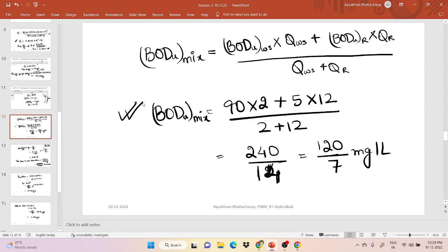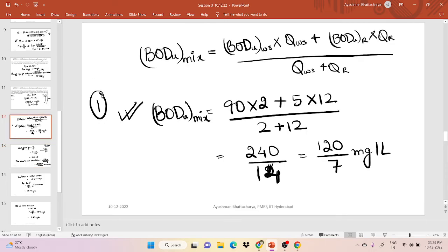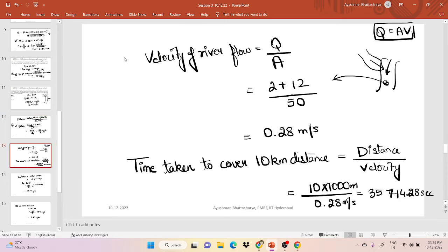Second, we calculated the velocity of the flow. While calculating the velocity, we considered the flow of the river as well as the waste stream, that is 2 plus 12 divided by 50, the cross section area.